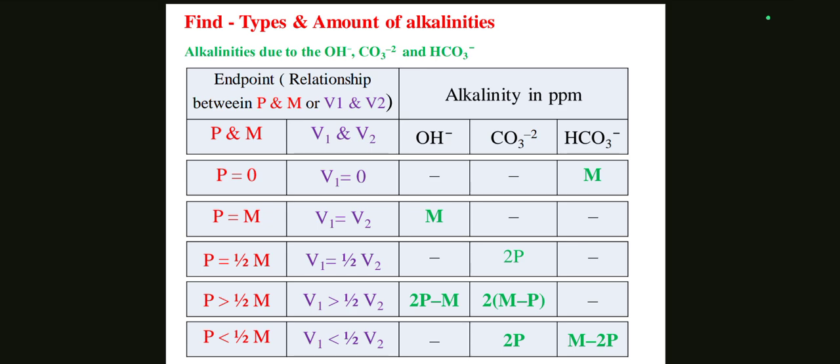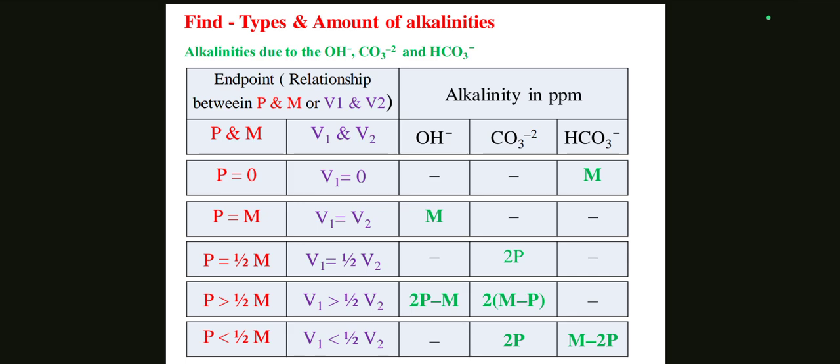Then the third relationship, P is equal to 1/2 M, or Phe1 is equal to 1/2 M. So here in front of that relation you can see only one type of alkalinity is present, that is the carbonate CO3 2 minus, and the first one and last one are both absent.